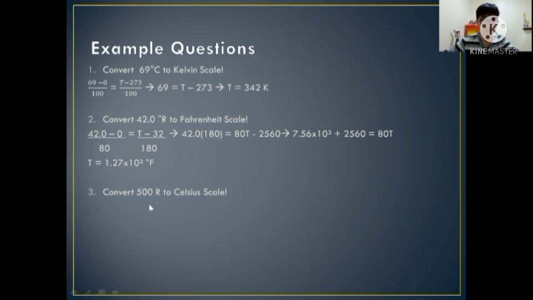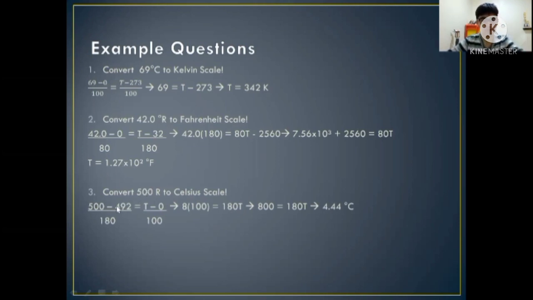So yeah. Next, for the final question, we need to convert 500 Rankine scale into Celsius scale. Just like I said, I will show you the solution and explain it to you guys. So just as usual, we put the given number.